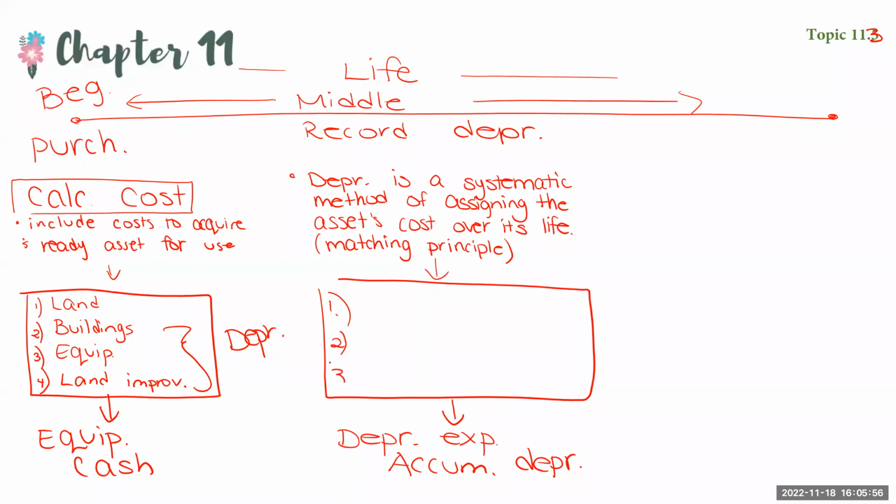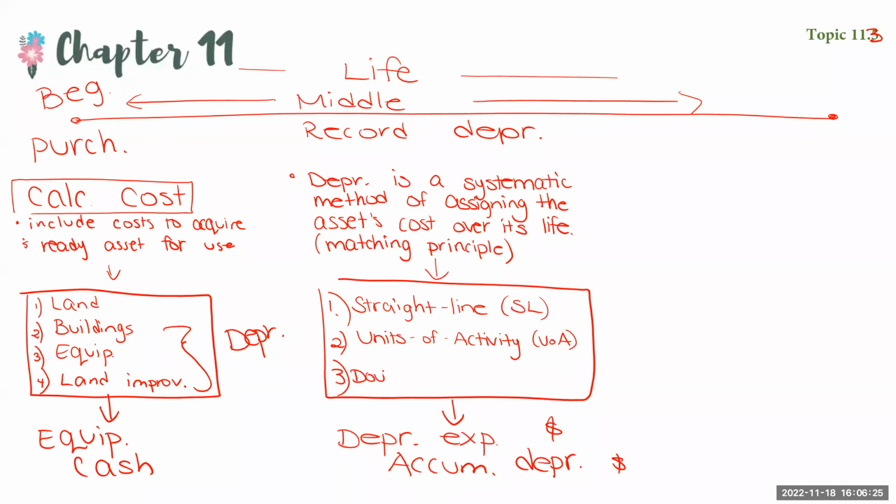Now, there are 3 methods we can use to calculate this depreciation amount. The first is the straight line method. The second is units of activity, also sometimes called units of production, or simply usage.